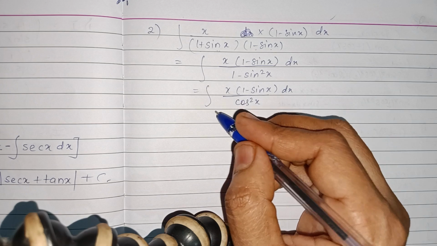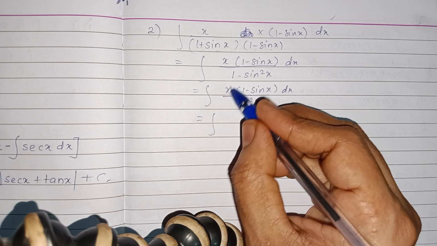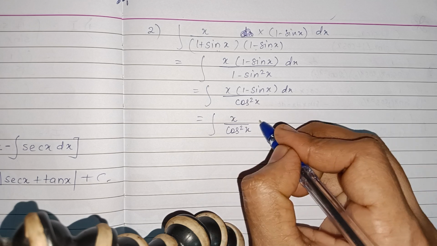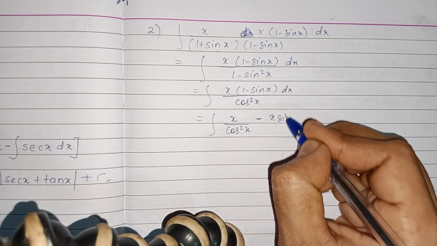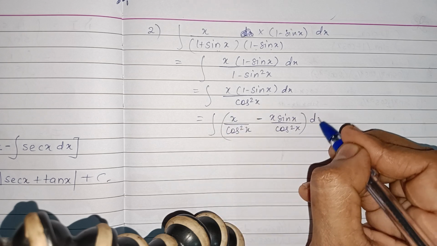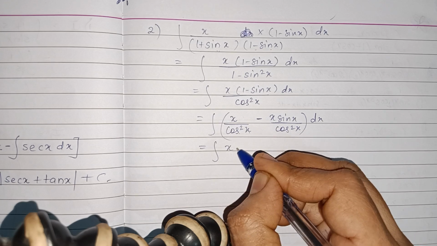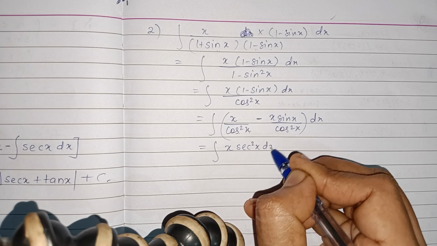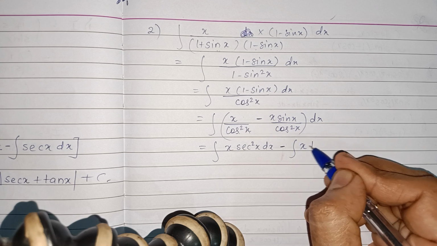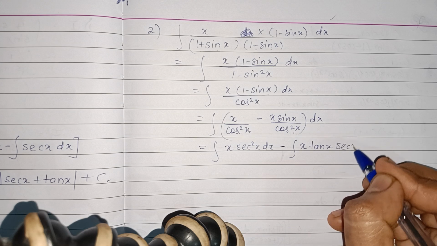Okay. So we can write this, separating the denominators, you can take this x inside. So it will be x upon cos square x minus x sin x upon cos square x dx. Okay. So x into 1 upon cos square x is x sec square x dx minus x sin x upon cos square x, where sin x upon cos x is tan x, and 1 upon cos x remains, that is sec of x.